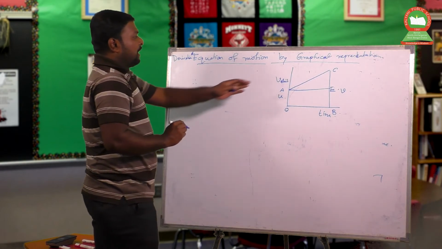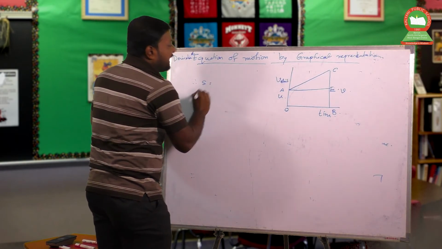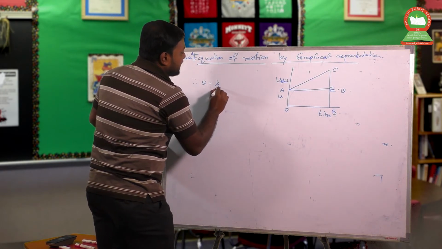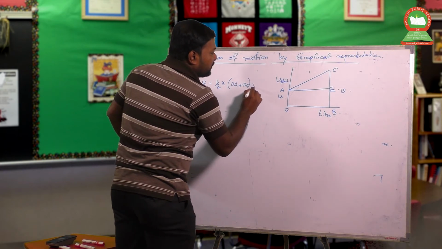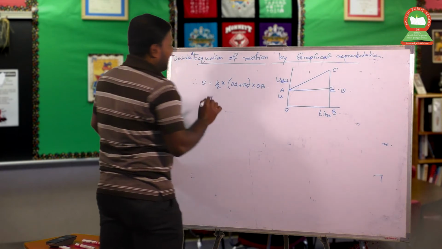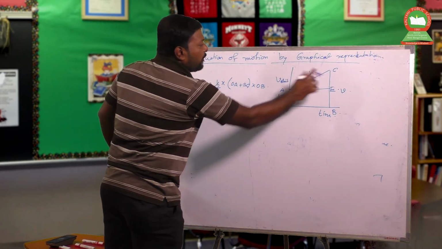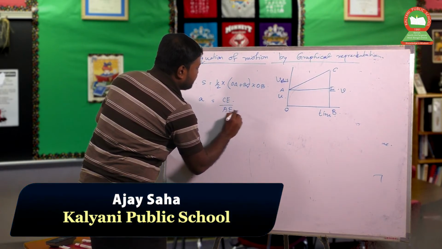So from this graph we get S, the area of the trapezium AOCB, which is nothing but half into OA plus BC into OB. And the value of acceleration is the slope of the curve, which is CE by AE.